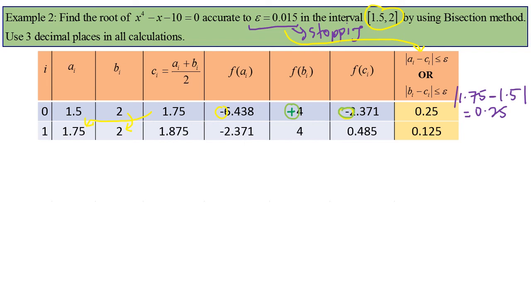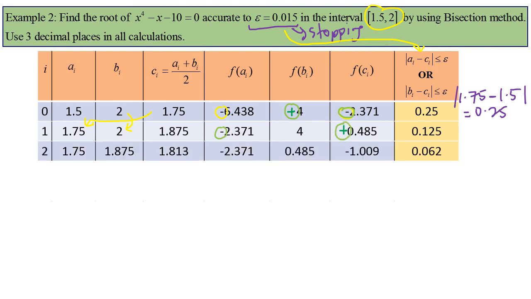Continue to find C. Find FA, FB, FC as usual, and then find epsilon. I got 0.125, so it still does not satisfy the epsilon stated in the question, so I have to continue. Now I check the sign again. FA and FC have different signs.